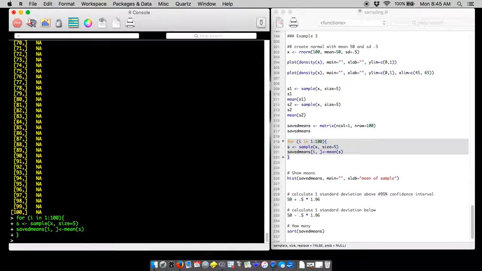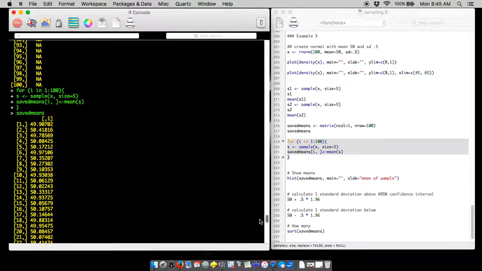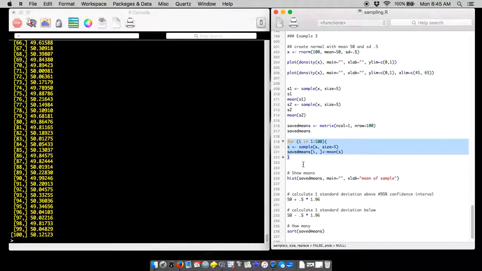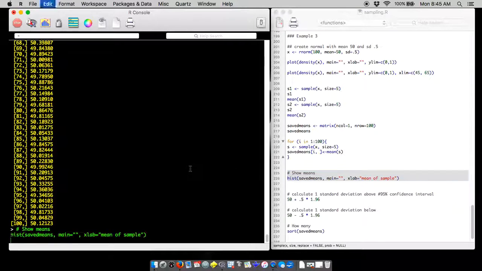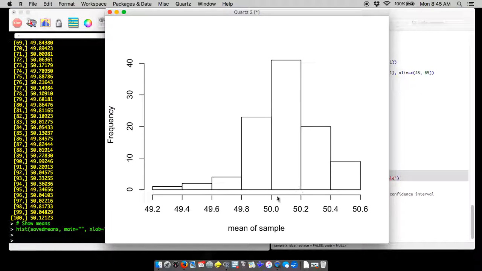And then let's look at what actually happened. If we type in saved means, we now have means in our rows and columns here from 100 different samples. And we can plot these means in a histogram. What we can see here is that most of the samples that we drew had a mean of 50 to 50.2.